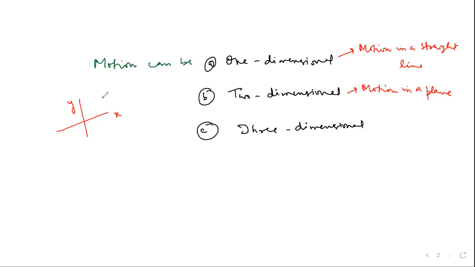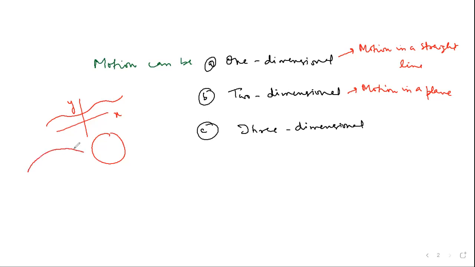So you will have two position coordinates for position. Motion can be along a curve, but that curve will lie in the plane, right? Examples of two-dimensional motion are circular motion, because the body is moving along a curve which can be superimposed on a plane.